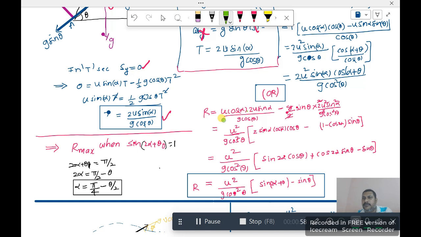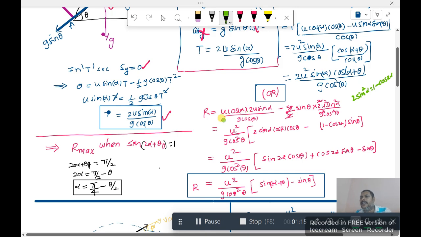So 2 sin square alpha is equal to 1 minus cos 2 alpha, very important in vectors and kinematics, and everywhere in physics, and in integration also, because cos 2 alpha is equal to cos square alpha minus sin square alpha.